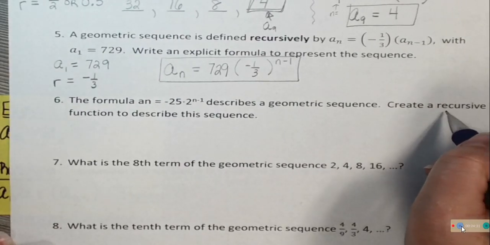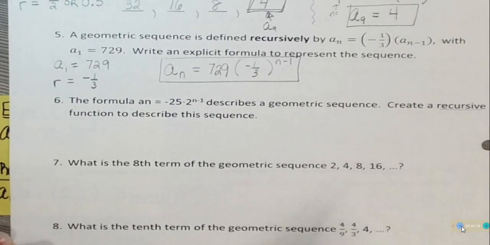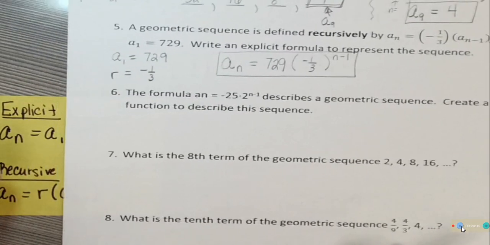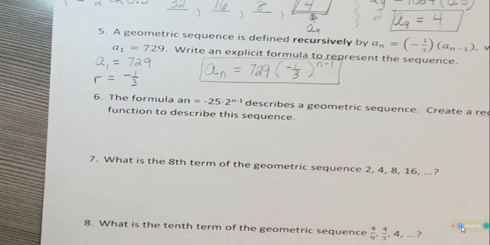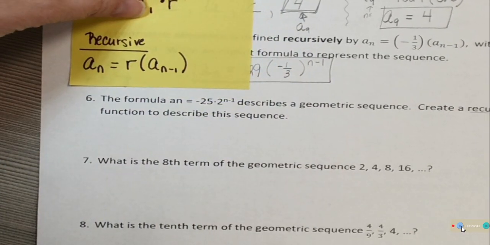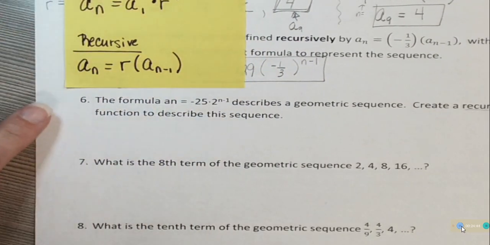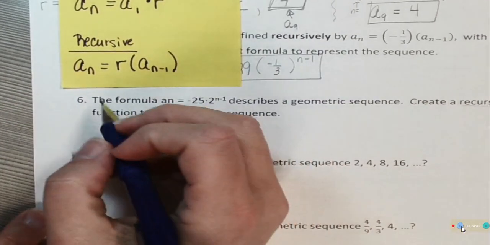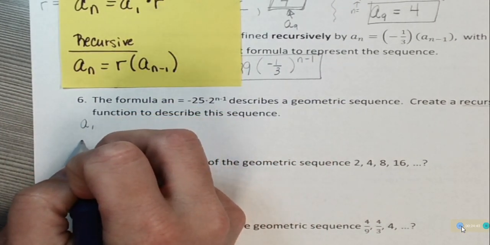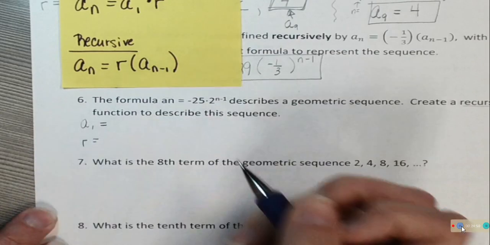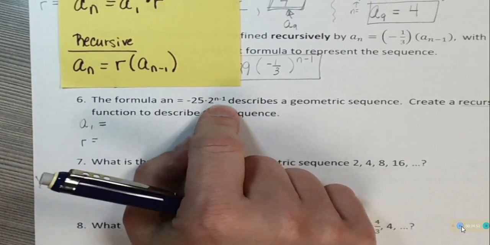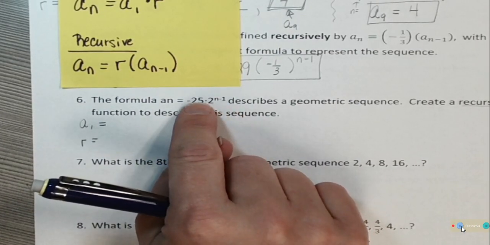Now I need you to create a recursive function rule to describe this sequence. So, I'm going to be not lazy, and I'm going to find my formula sheet. And I'm going to look at my formula sheet, and I'm going to find out that, oh yeah, that's it. I really need to know two things.